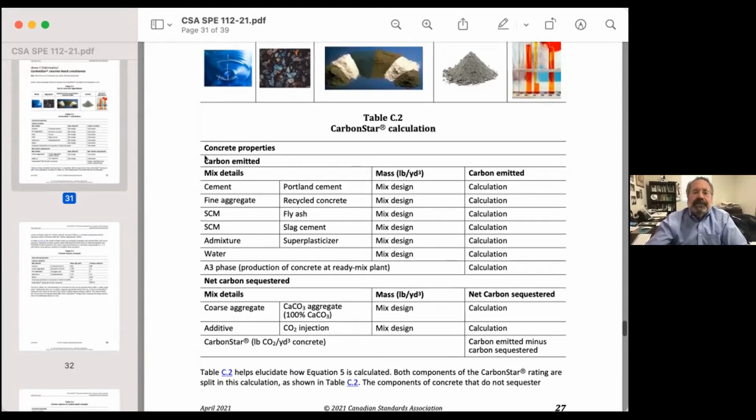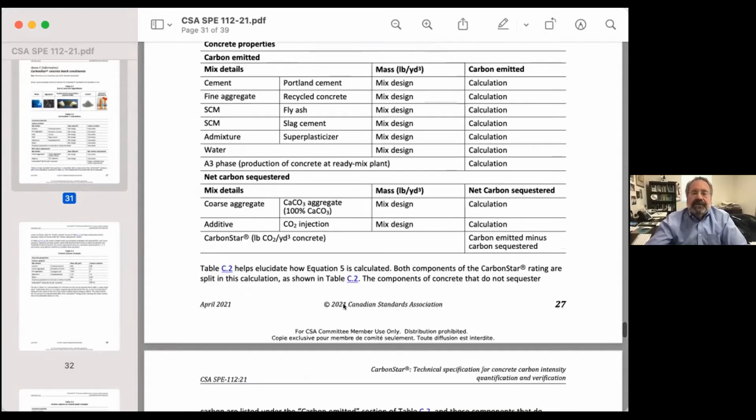For example, there's the emitted carbon and the net sequestered carbon. Typical concrete has cement, sand, SCMs, admixture, water that are all CO2 producers, and can have, with modern concrete, sequestering components such as injected CO2 or calcium carbonate limestone aggregate that is made out of CO2.